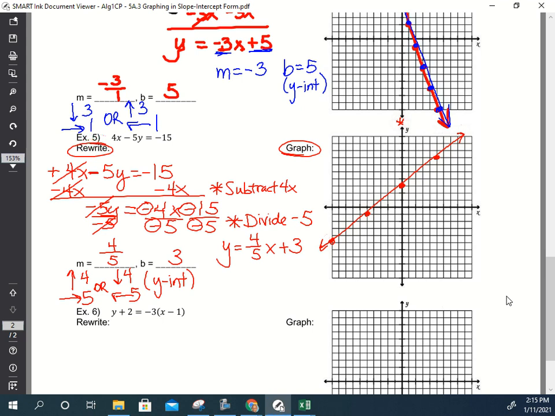You can easily get the points as this problem is worked. Any questions before we do example 6?